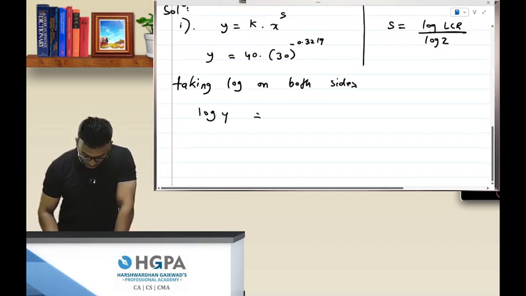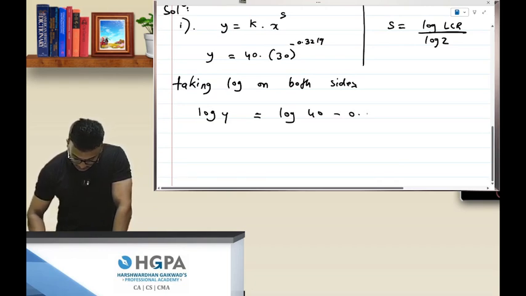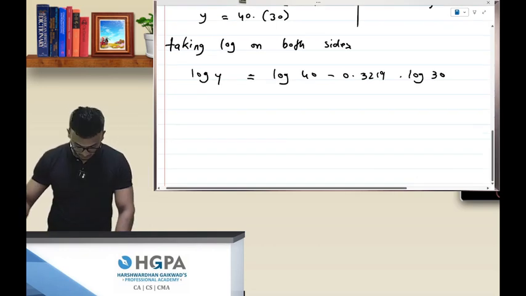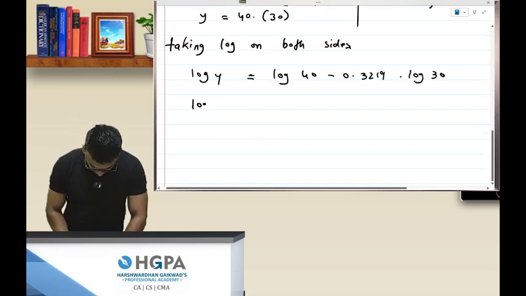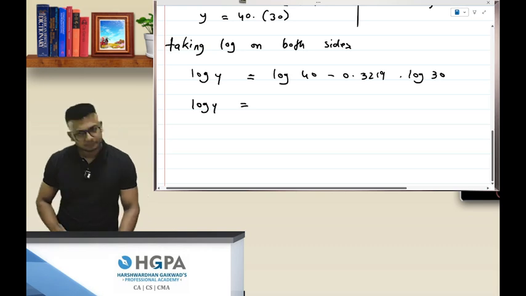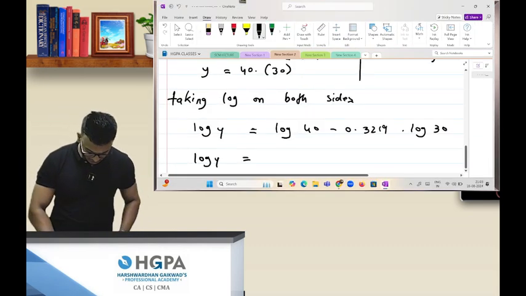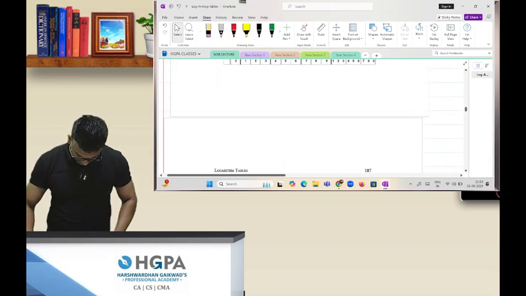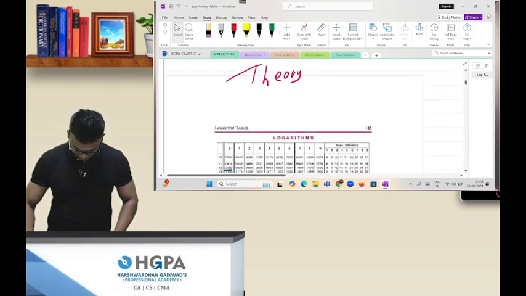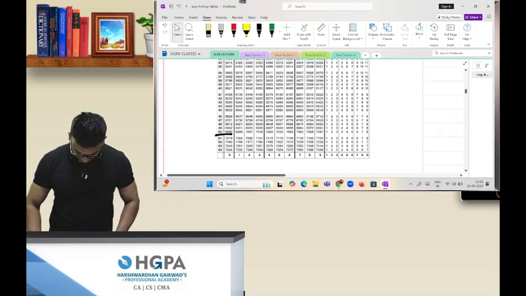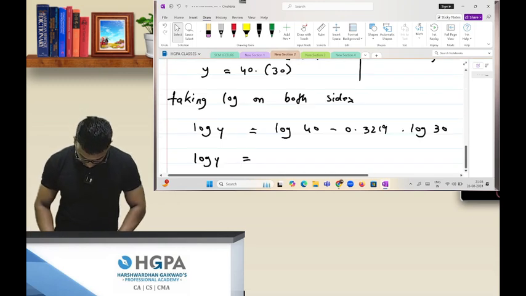Log y is equal to log 40 minus 0.3219 into log 30. Log 40 is 1.6021.